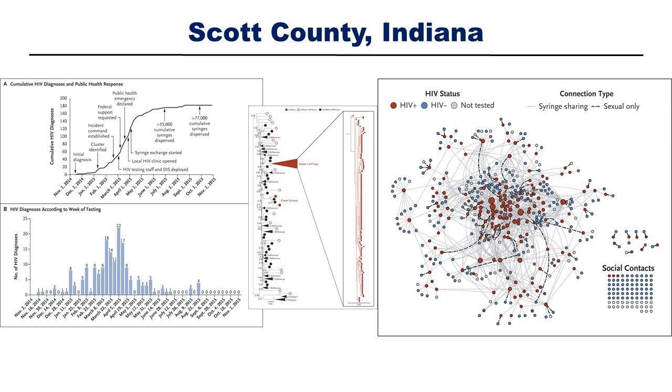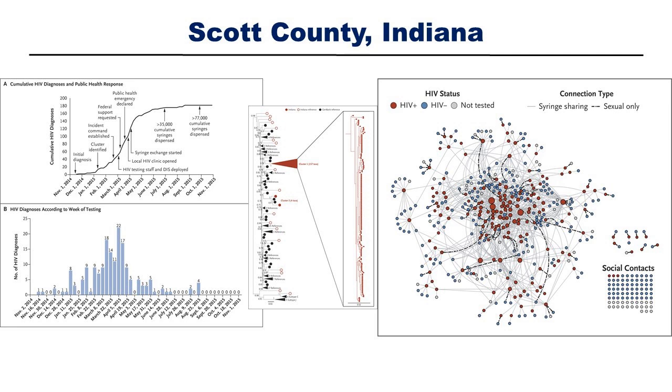And the way we know that these were all related is in the middle panel, where you can see what's blown up in red from that one red arrow. That represents a sequence analysis of everybody who became HIV positive in Scott County, and you can see just how related the viruses were. On the right-hand most side is what we call a hairball graph, which shows the relationships of the people in Scott County who had partners who were either HIV positive and negative.